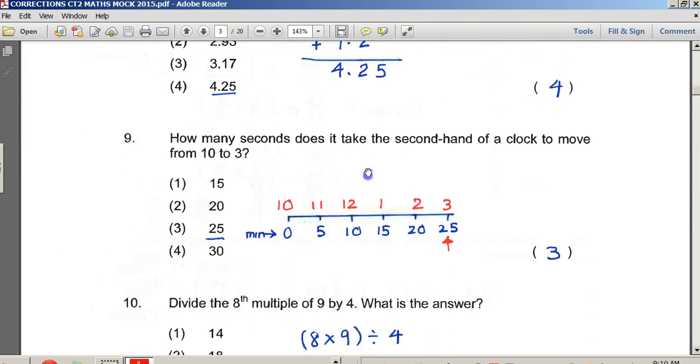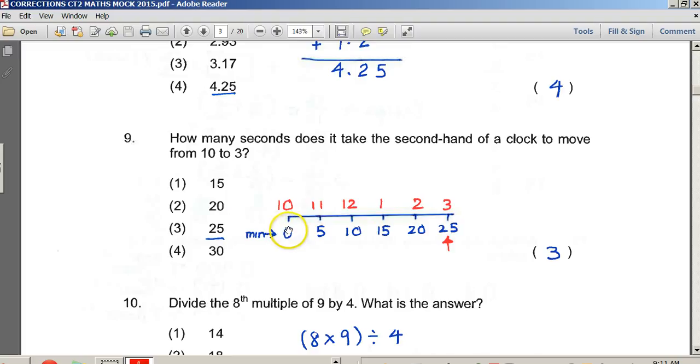Next, from the clock hand 10 to 3. Remember the clock hand goes this way, 10, 11, 12, then 1, 1 p.m., 2 p.m., and so on. To count the number of seconds over here, this is seconds.